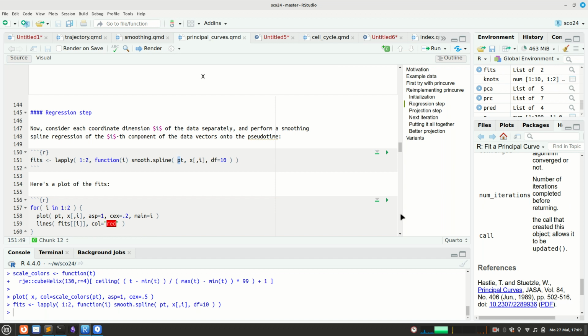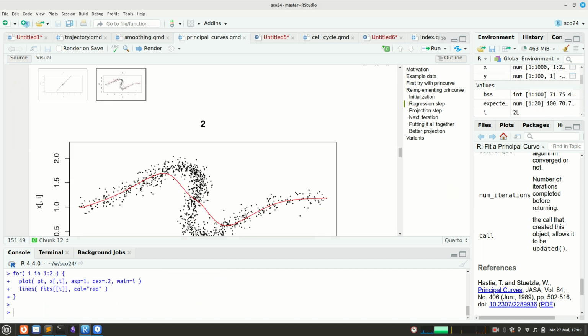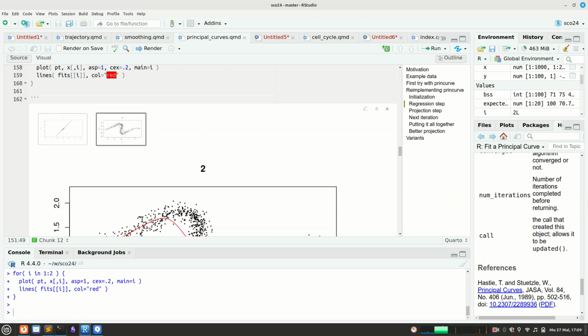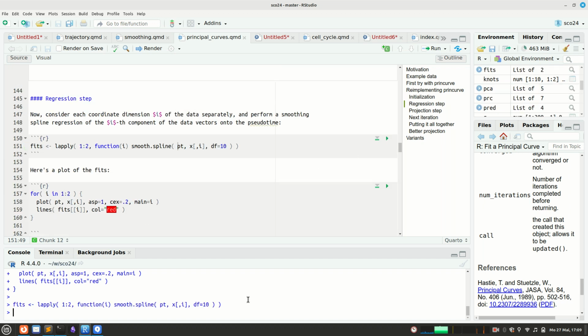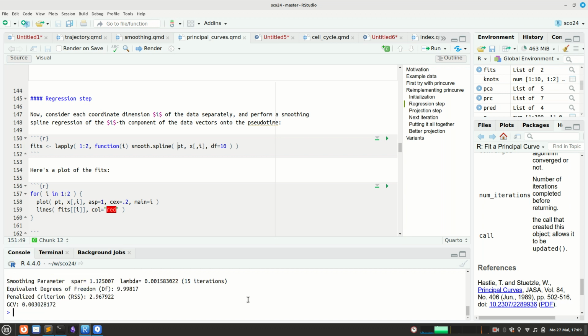And now, if I do this and plot this, then you see here, these red lines, they are now formed by the two x and y coordinates. So that's what I've done here. I have done these fits here, fits X1. This is for the x-axis and this is for the y-coordinate.